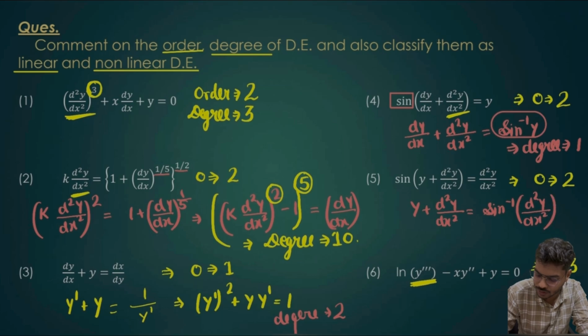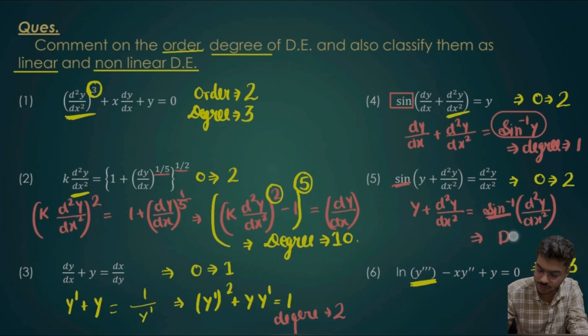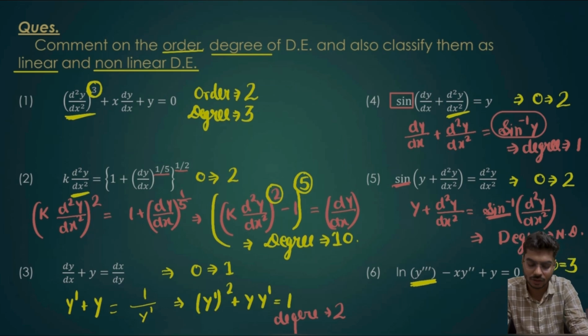So I cannot write this particular equation as a polynomial equation. Either sin or sin inverse will be left. So the degree of this equation is not defined, because ultimately the degree will be infinity and that is not defined.